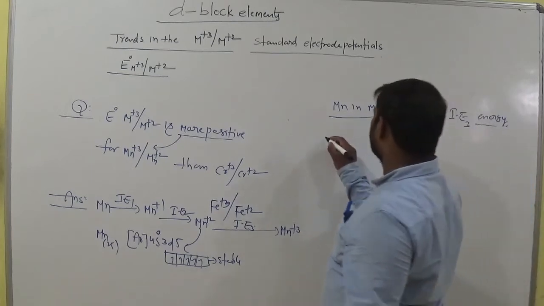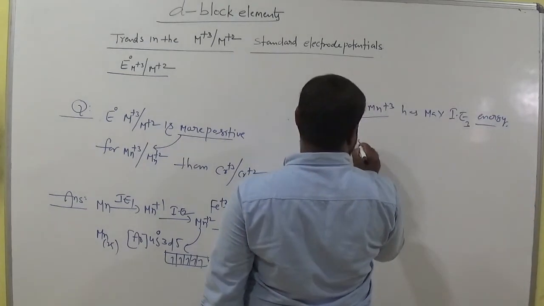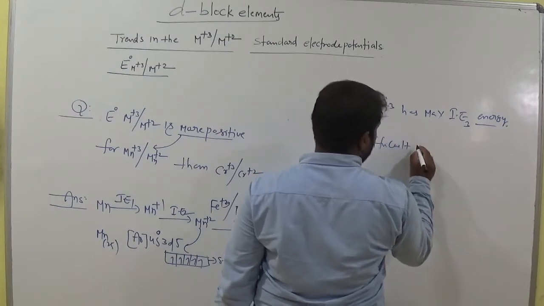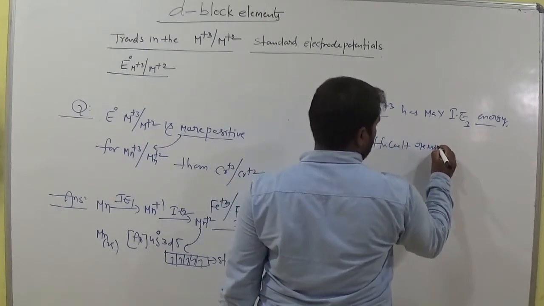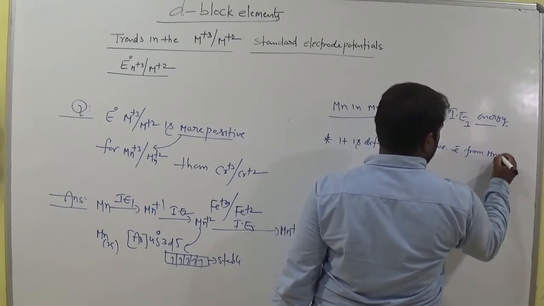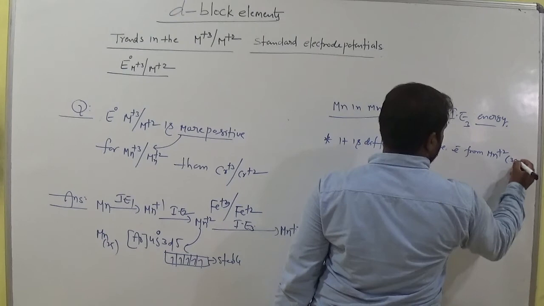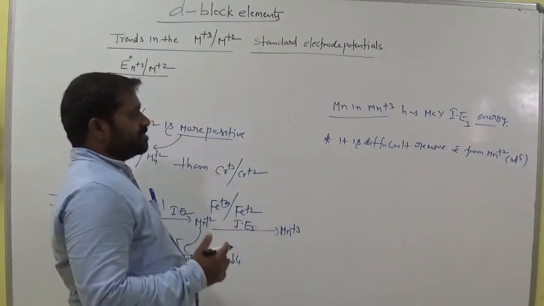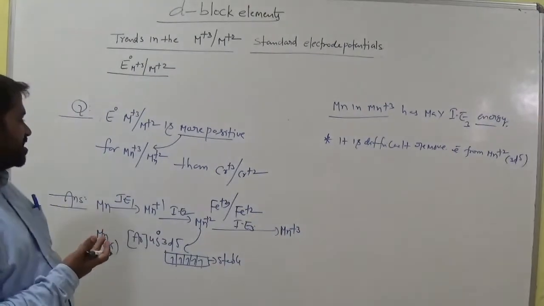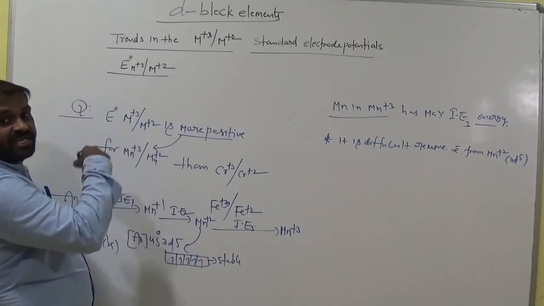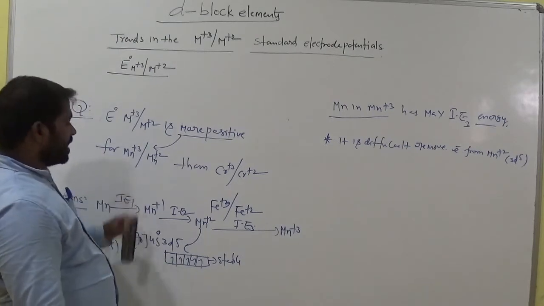It is difficult to remove an electron from the 3d5 configuration. So it is more positive, meaning it is an oxidizing agent, not a very good reducing agent.